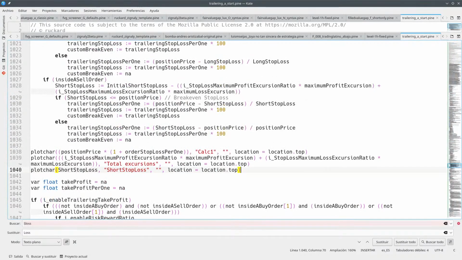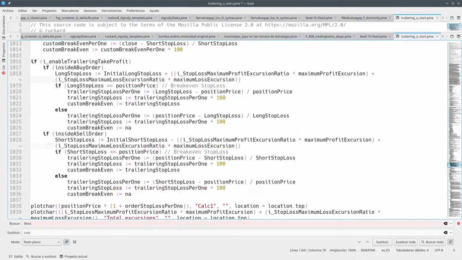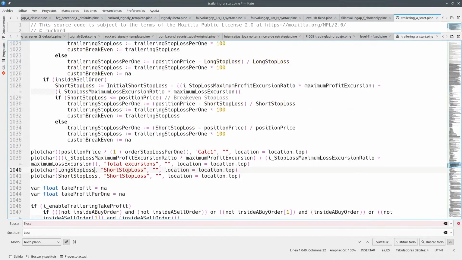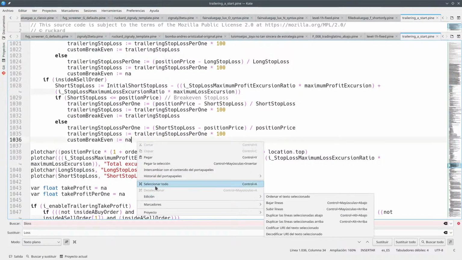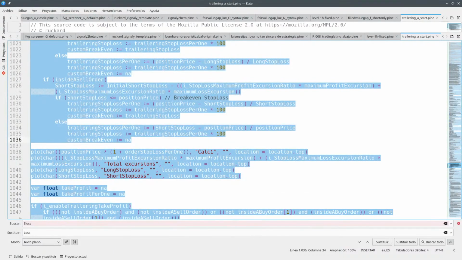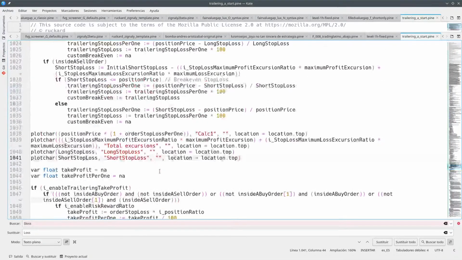What I want to print here is the long stop loss and see if there is any difference between one and the other one. And then hopefully something else. I want to take a look at the plot.